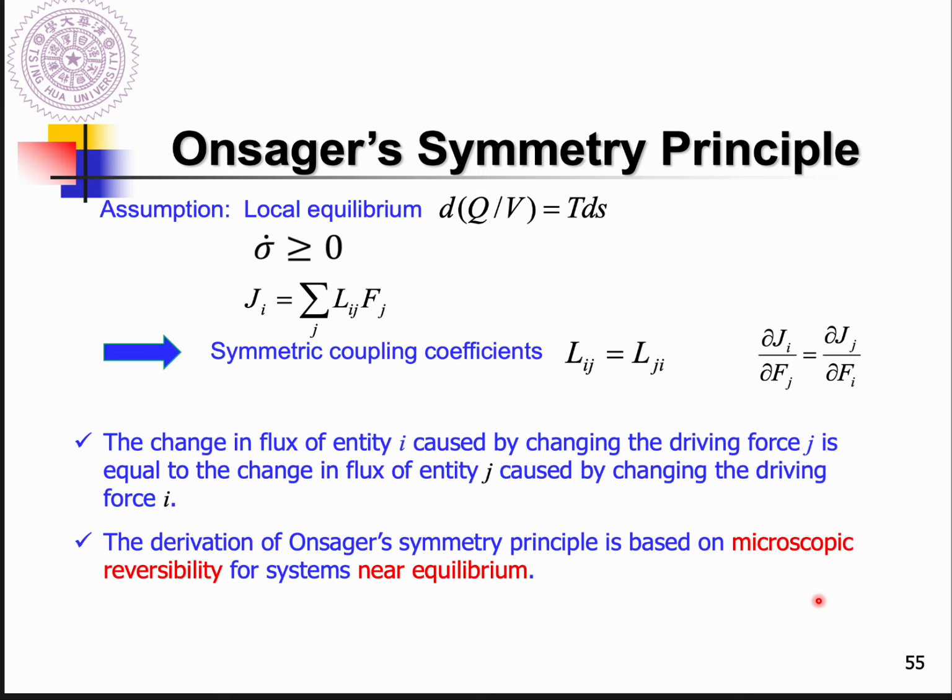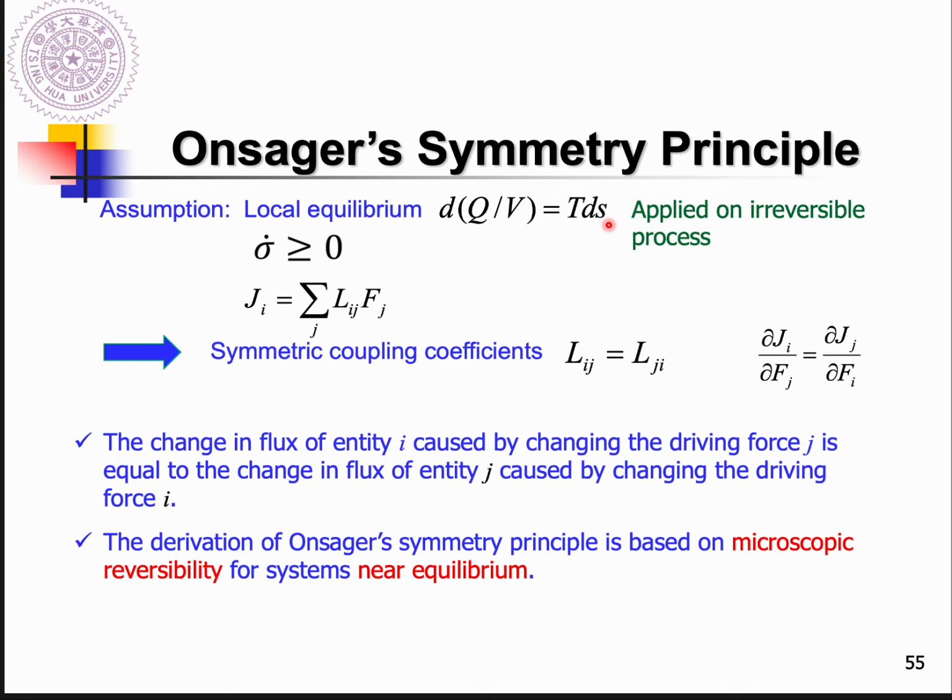And at the end of this lecture, I want to introduce the important Onsager symmetry principle. When you describe these principles, we assume a local equilibrium is reached, meaning dq over the volume equals TdS.